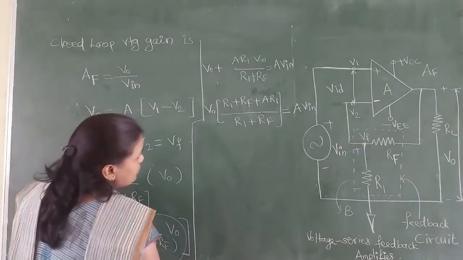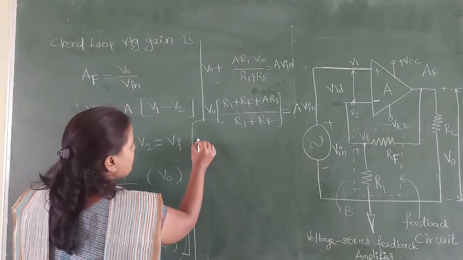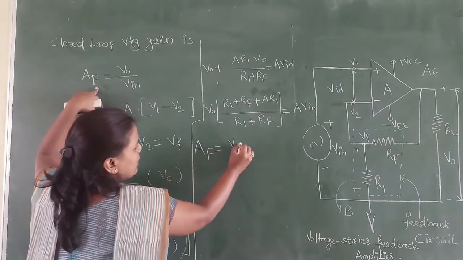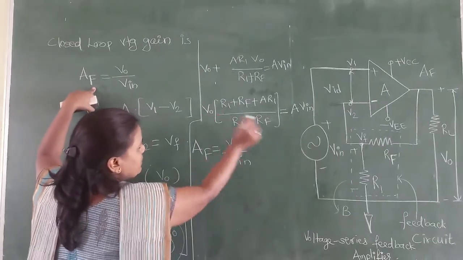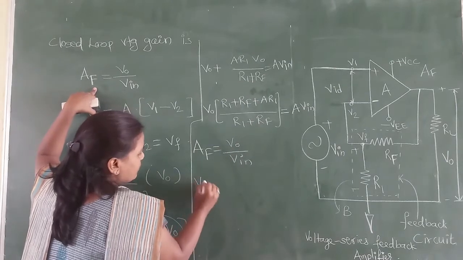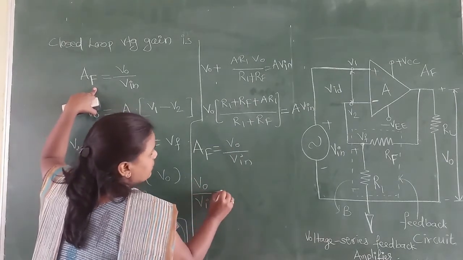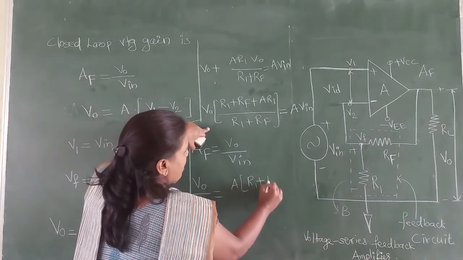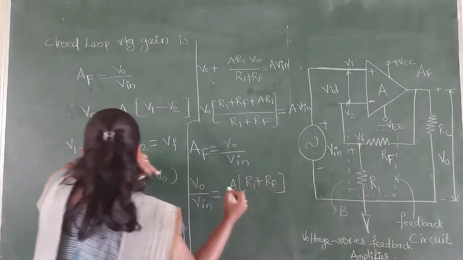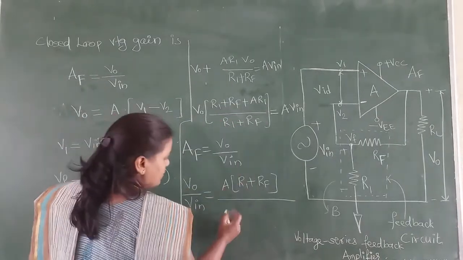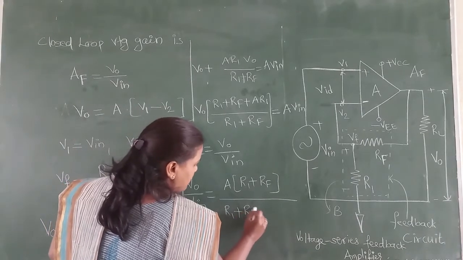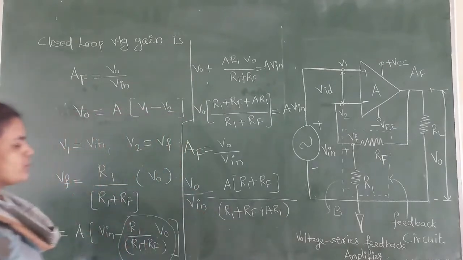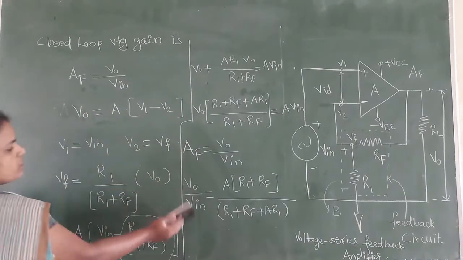Solving this equation for V0 by Vin, the gain with feedback AF is equal to V0 by Vin. From this equation we find AF, V0 by Vin, is equal to A into the bracket R1 plus RF divided by the total term R1 plus RF plus A R1. This is the equation of V0 by Vin.